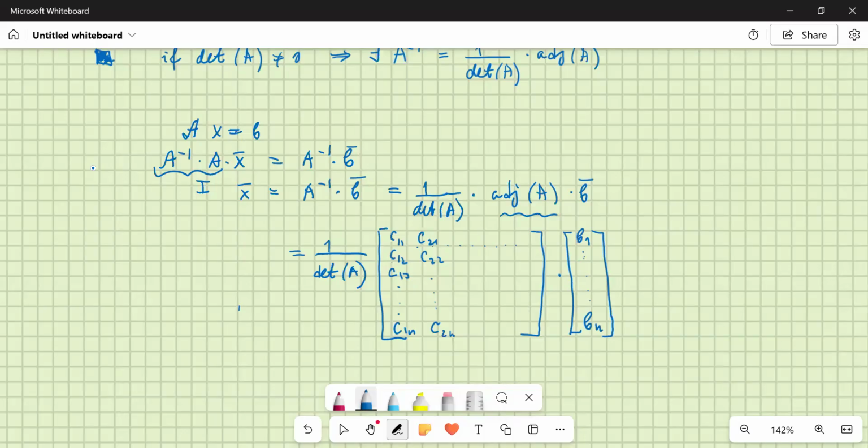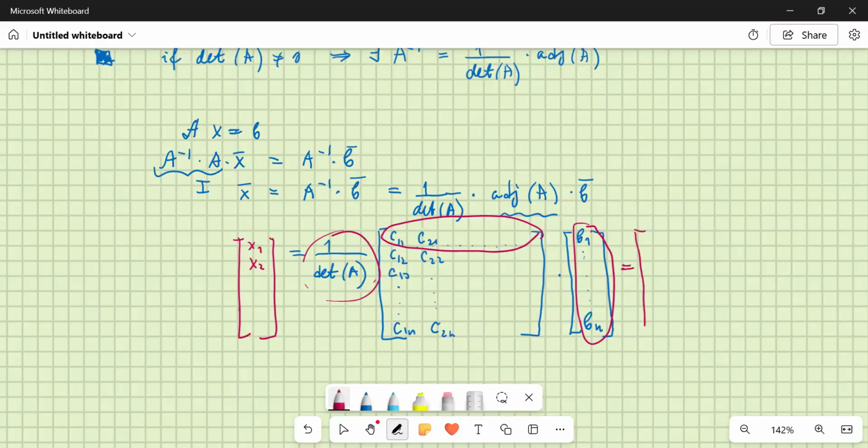Now, guys, when I multiply these two matrices, because the B matrix has only one column, I'm basically going to multiply the first row by this column, and that's going to produce for me the first element here, x1, also multiplied by this coefficient. So I'm going to write down my first element, x1.